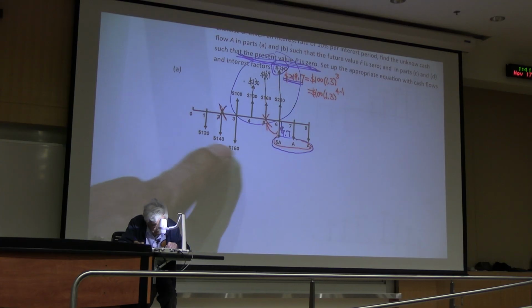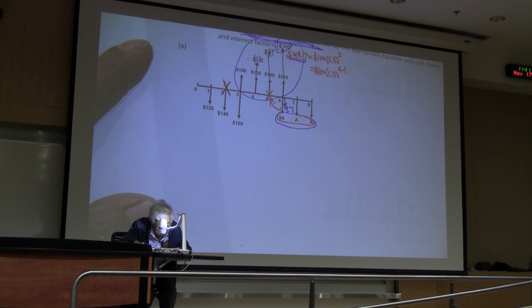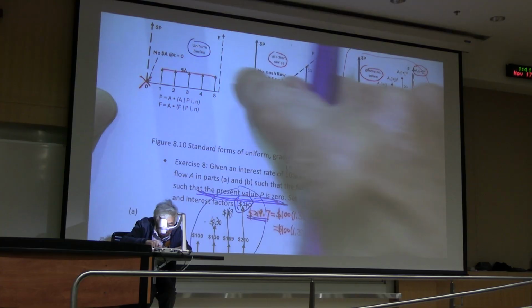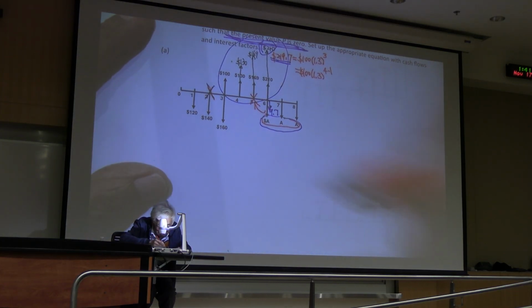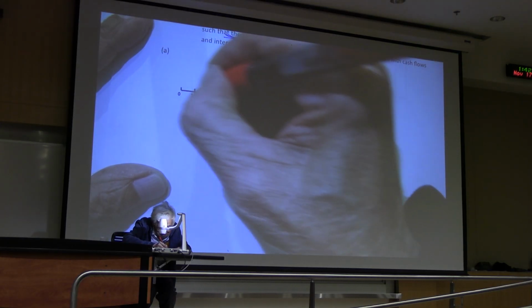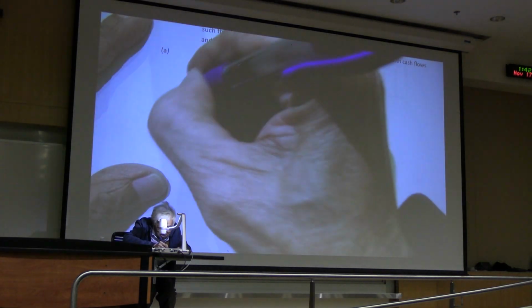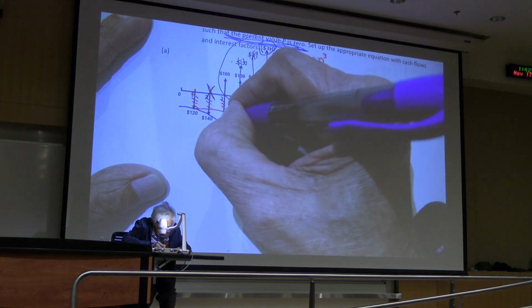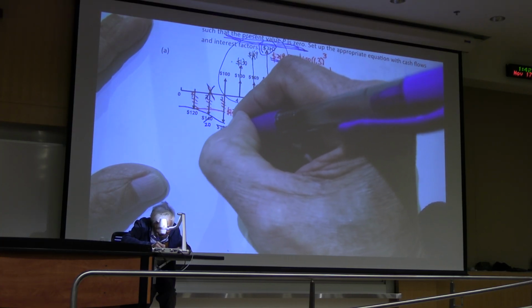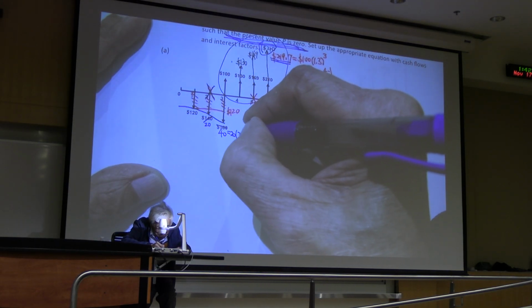Now, how do you deal with 120, 140, 160? We want to learn how to take advantage of standard form. The way you do it: 120 plus, this is 20, this is 40. 40 is 2 times 3 minus 1.